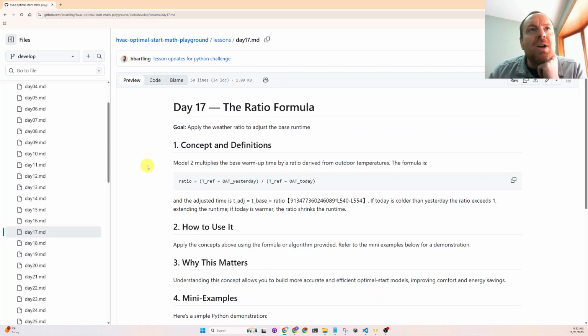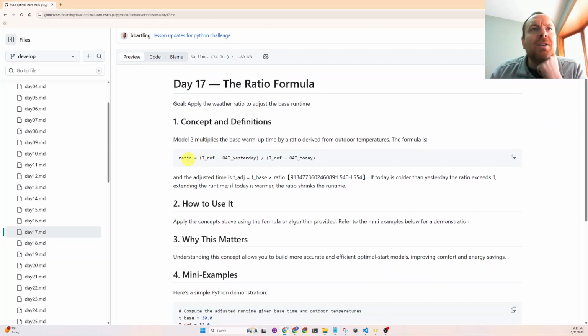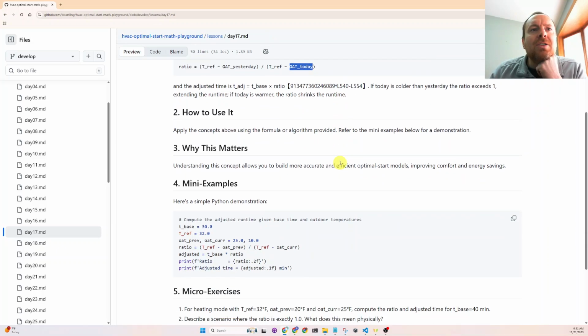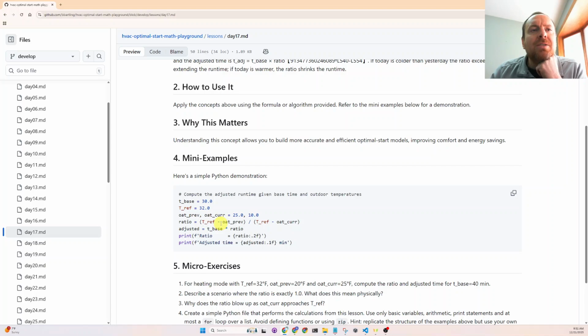So let's go over day 17 real quick. Looking at the ratio, Model 2 multiplies the base warm-up time by a ratio derived from outside air temperatures. The formula is Tref, outside air temperature, and outside air temperature today. So here is our mini example.